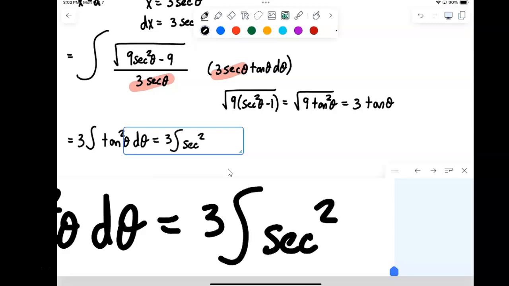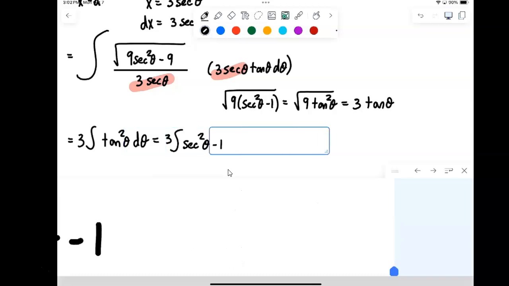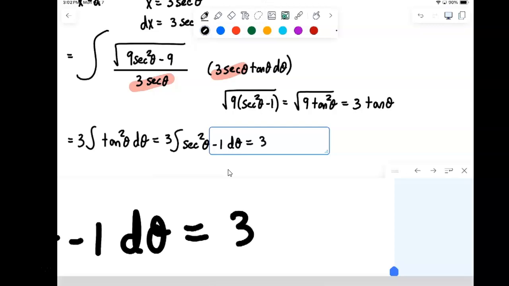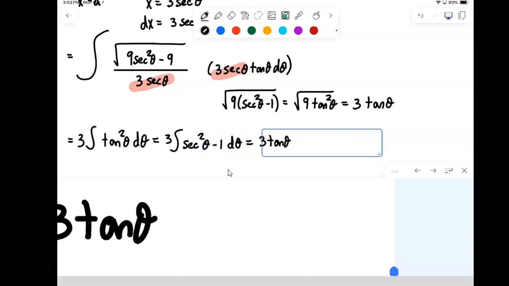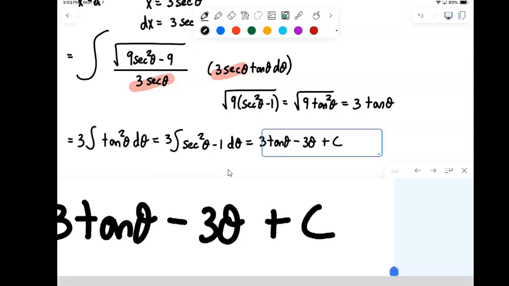So I can rewrite this as secant squared minus 1 d theta, and I can integrate both of those. The integral of secant squared is tangent. The integral of 1 d theta is just theta, but don't forget about the 3. And then we're not doing a definite integral this time, so we do include the plus c.